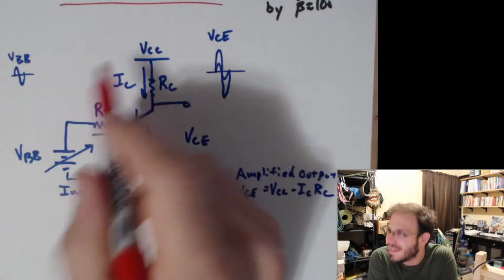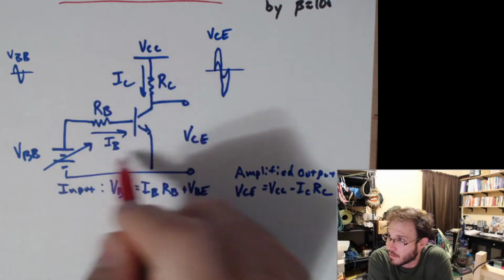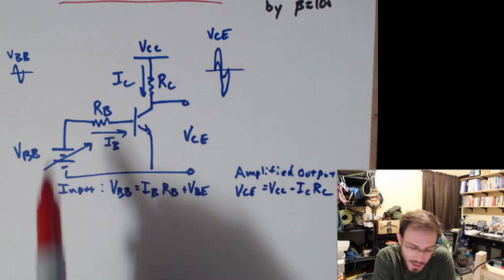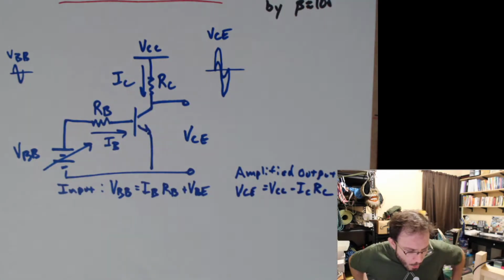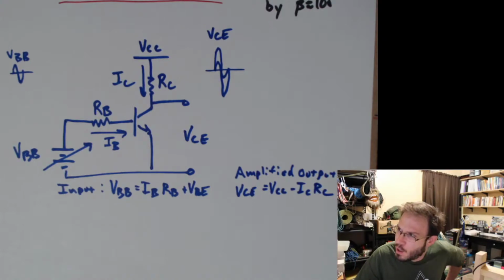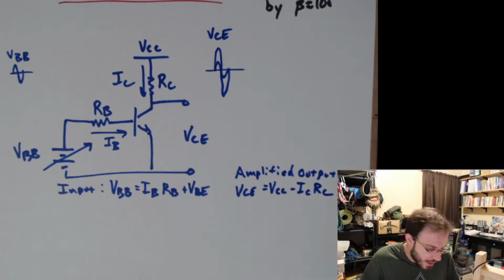Now, if you notice, this is our base bias circuit, right? Right after our base bias circuit, we learned the voltage divider bias.